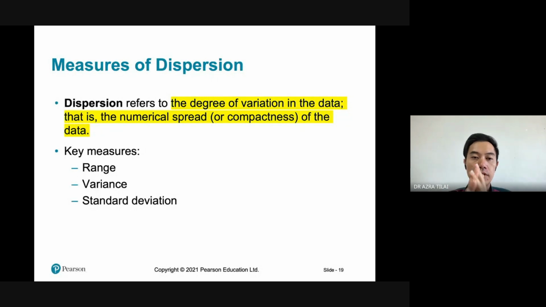So dispersion refers to the degree of variation in the data, that is the numerical spread or compactness of the data. Imagine if you have ever played archery.